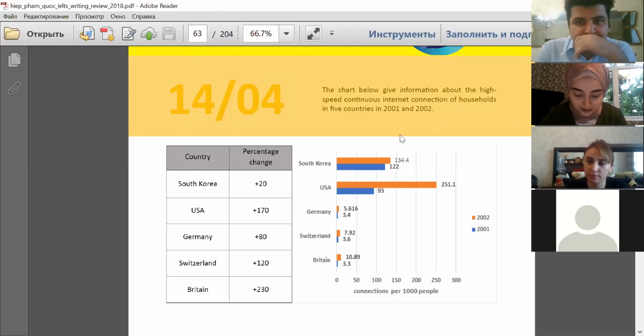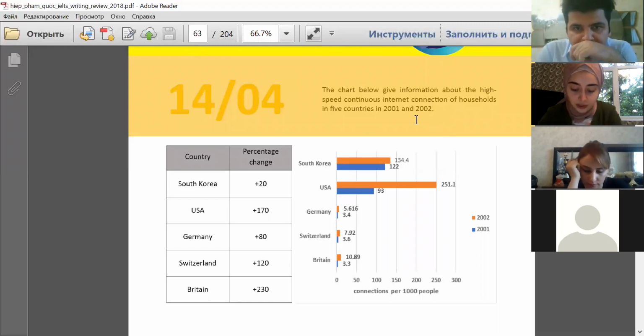Of course. The line graph illustrates data on the number of connections per 1,000 people in 5 countries, while the table shows the change between 2001 and 2002 by percentages. By percentage. Okay, overview.